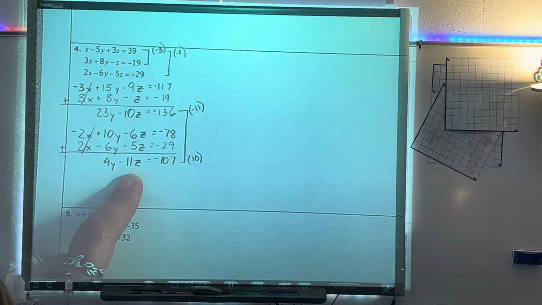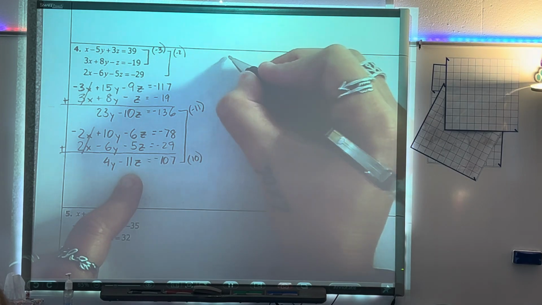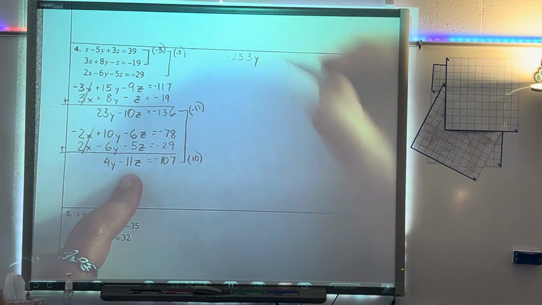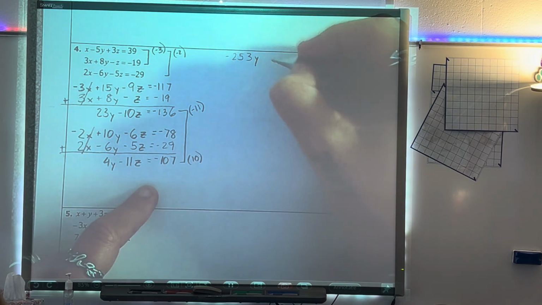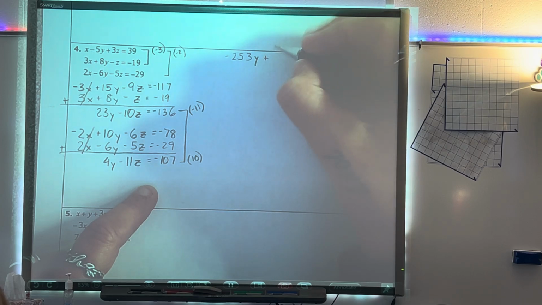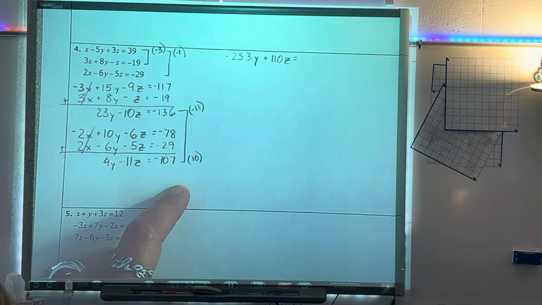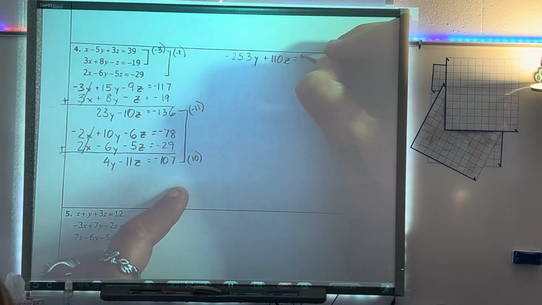Alright, so big numbers. 23 times 11, that's gonna be negative 253Y, and this is gonna be 110Z, and I have no idea what that is. 136 times 11 is positive 1496.